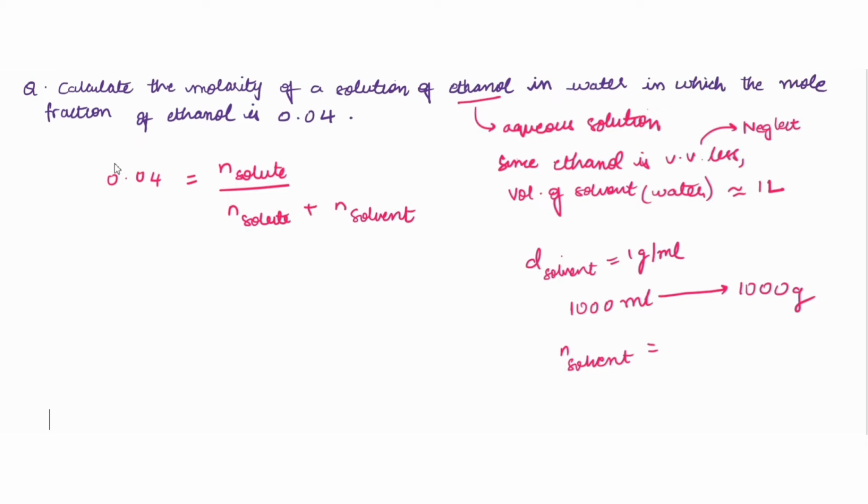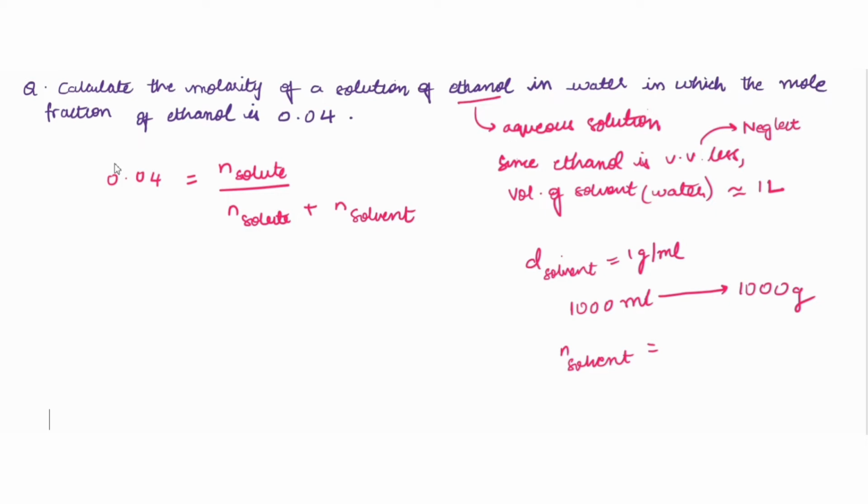So what are we doing? This is an important point you should understand, and these are the conceptual questions that will be tested. Ethanol is very little in water, so we are neglecting ethanol's volume. So we assume that the volume of the entire solution itself is 1 liter. So the volume of solvent is 1 liter. Okay.